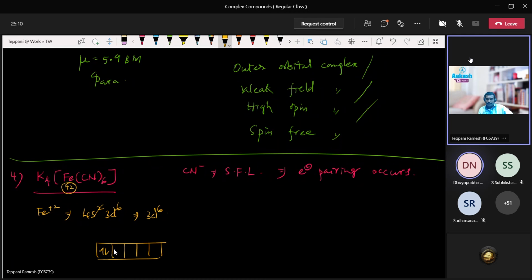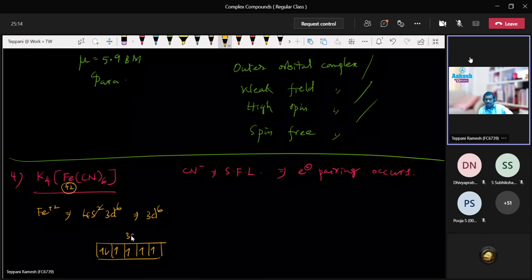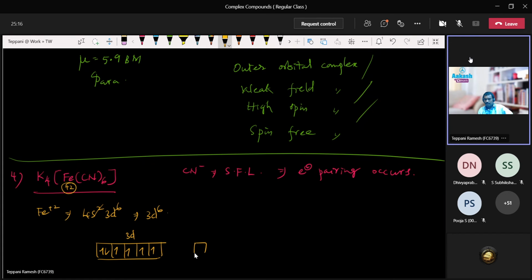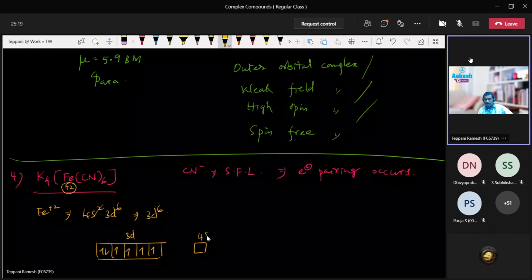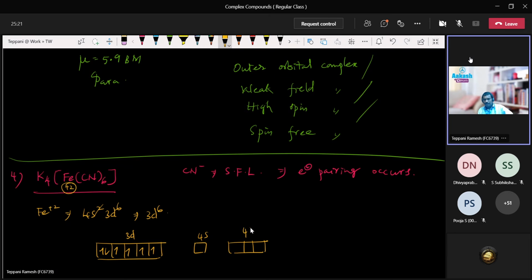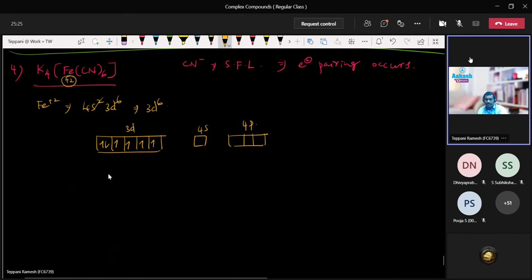Yes, 1, 2, 3, 4, 5, sixth one. 4p. But with a strong field ligand, pairing takes place even against Hund's rule.